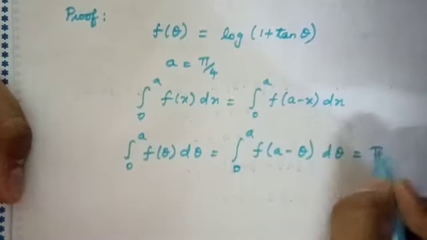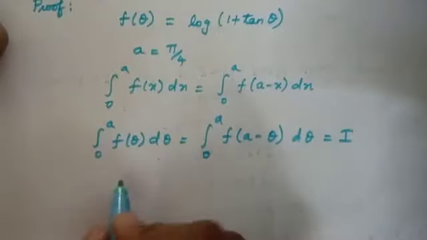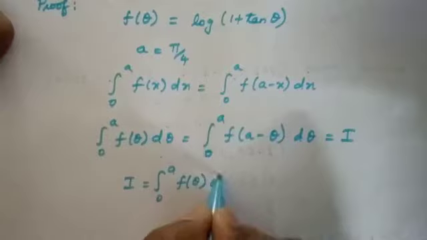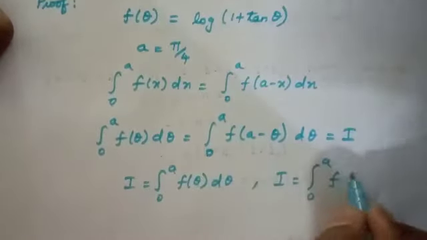Let us call this I. So I is equal to the integral over 0 to a of f of theta d theta, and I is equal to the integral over 0 to a of f of a minus theta d theta.